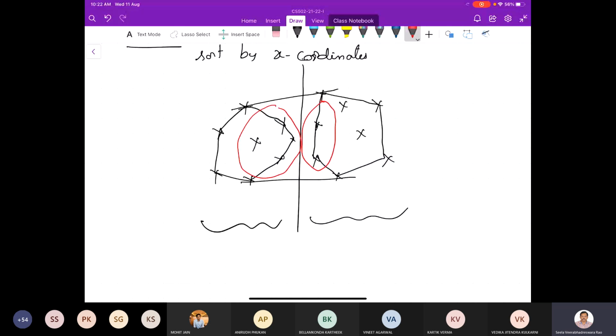Once you have the solution to both subproblems, you have to merge the solutions to get the convex hull of the original point set. So here everything is easier, only the merge step, how to find the convex hull of the original point set.